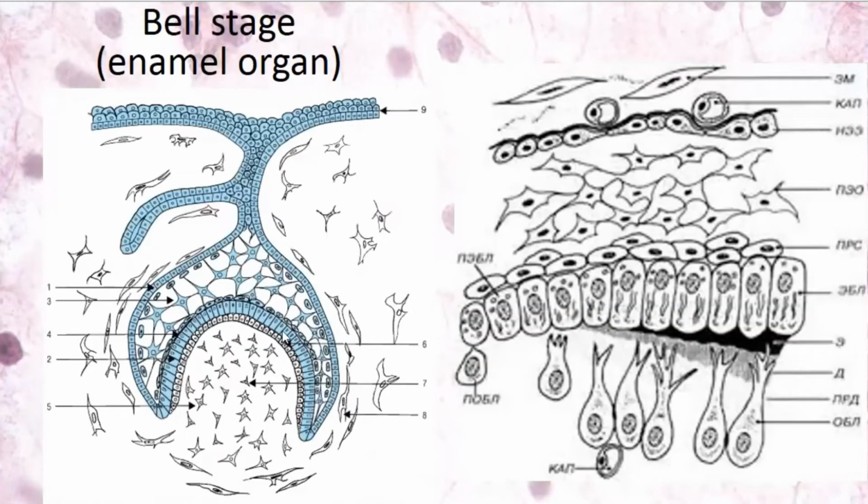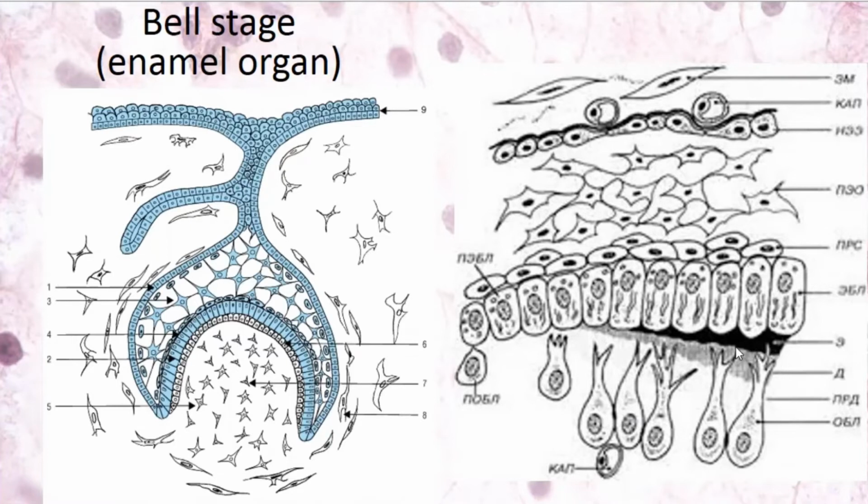And here we can see enameloblasts, which form the inner enamel epithelium. They have a columnar shape, and they produce the matrix of enamel. They produce enamel prisms, special structural functional units of enamel. And here you can see odontoblasts or dentinoblasts, which produce dentine, and the two kinds of cells produce two kinds of hard tissues.